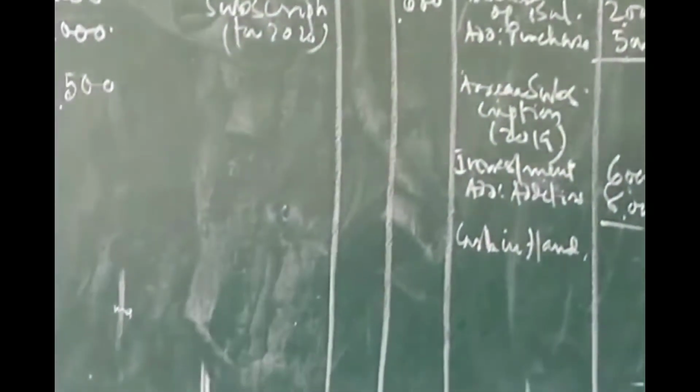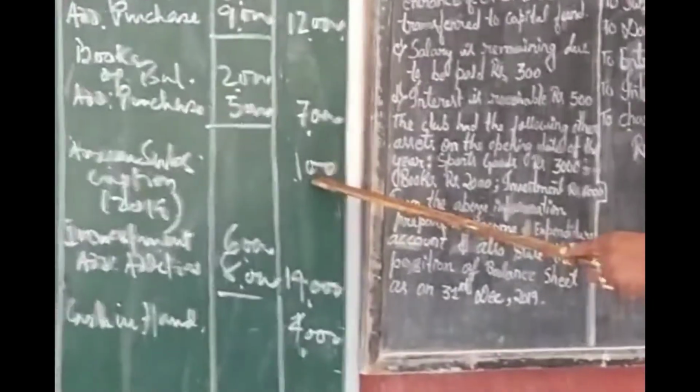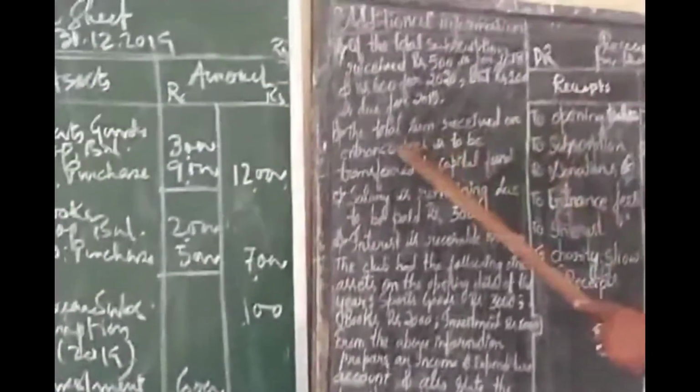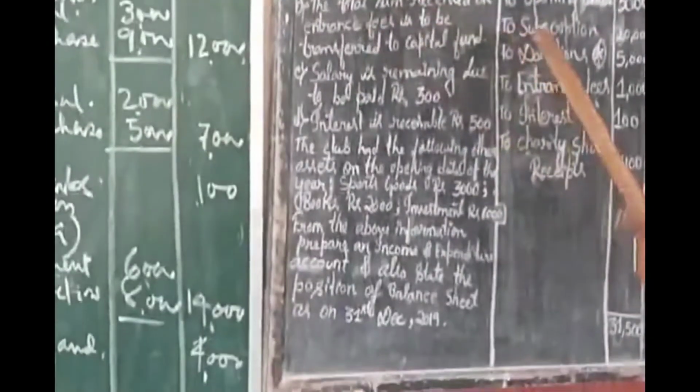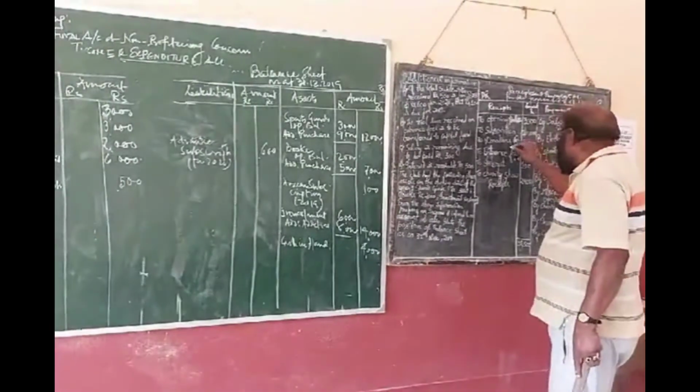So it is your advance subscription, and 1,000 is your arrear subscription, and 100, and that is treated as your asset. Clear? The total sum of the entrance fee is to be capitalized. It should be considered as capital.